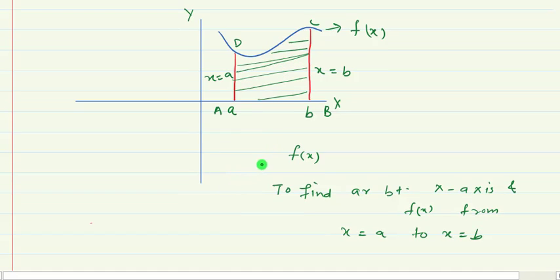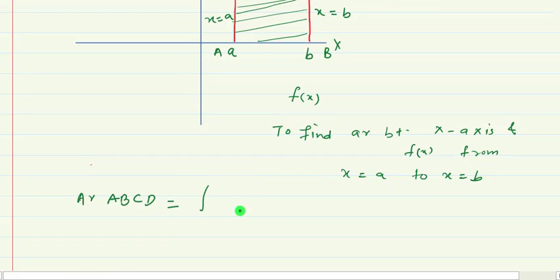We can write the area of the required portion using an integral. As we named it ABCD, I am writing here area ABCD is equal to integration over the limit a to b.